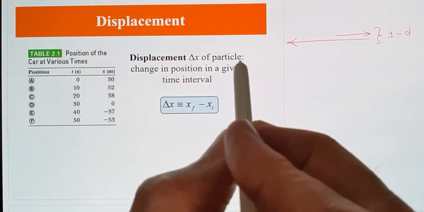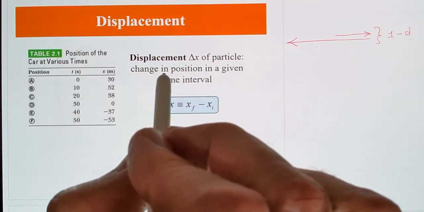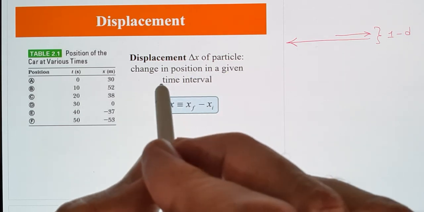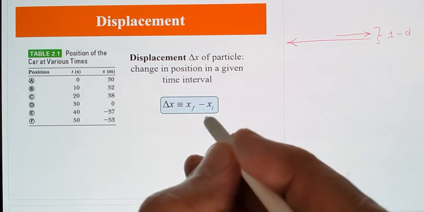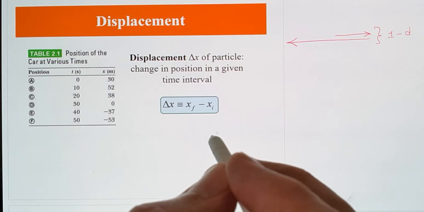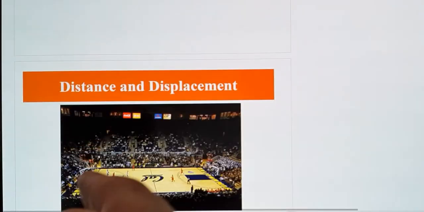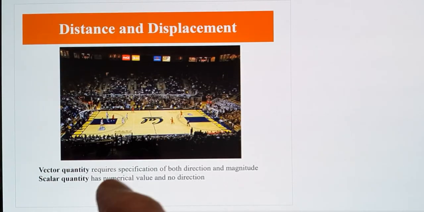Displacement of a particle is the change in position in a given time interval. It is defined as x final minus x initial. Here, for example, we will answer the question of the difference between displacement and distance.